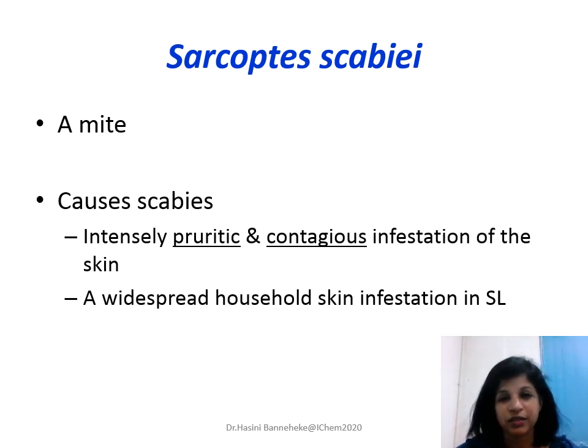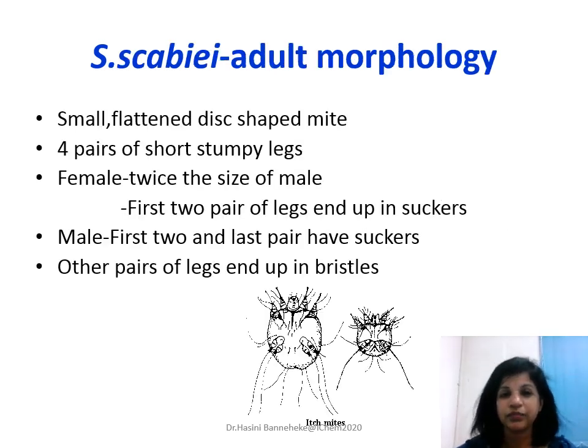And so this is not an uncommon disease seen in Sri Lanka, especially in lower social classes. The scabies is also seen in poor quality of life places or congested places.